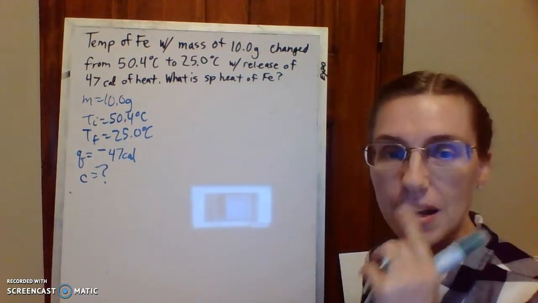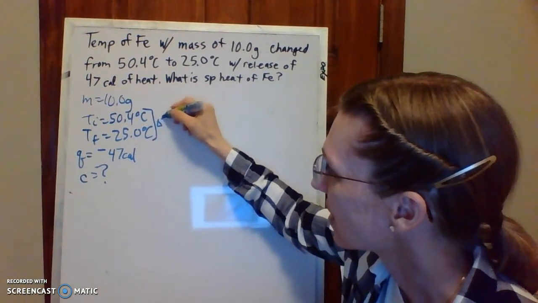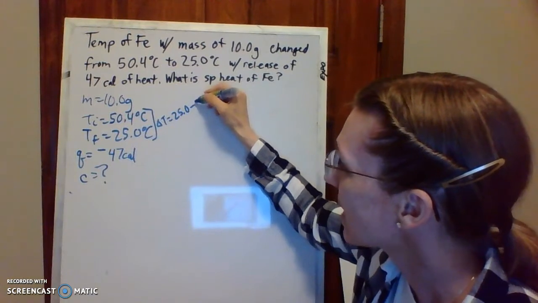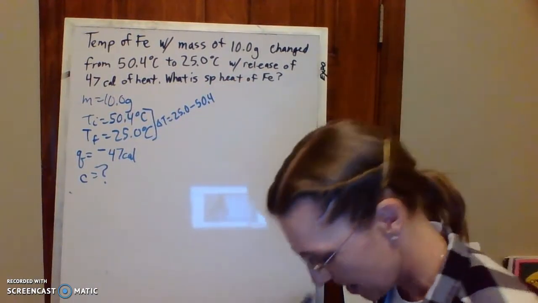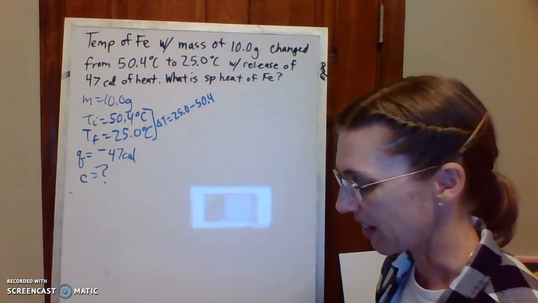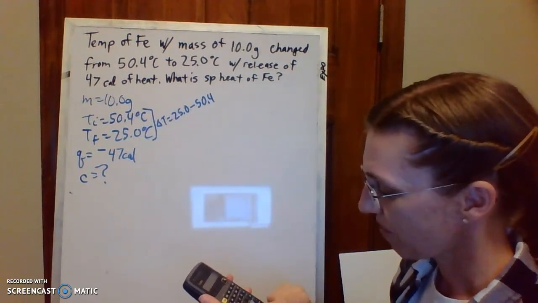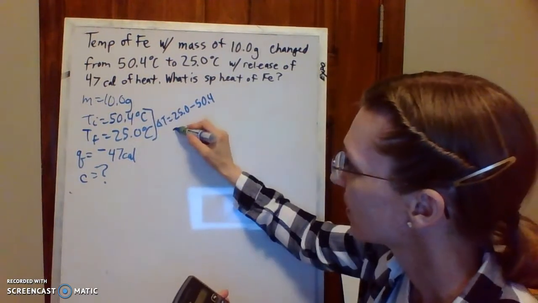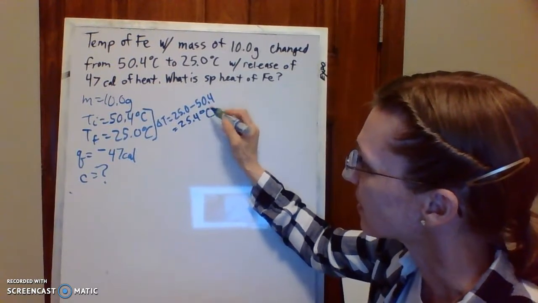Okay. Just like before, I'm going to go ahead and do our delta T as a side reaction here. It's final minus initial. Keep in mind, this will be a negative number, which corresponds with the fact we've got a negative Q. So let's go ahead and do that. 25 minus 50.4, and we get negative 25.4 degrees Celsius.